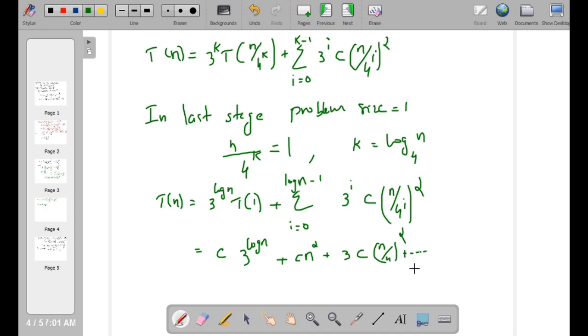Okay, that is the last term, and here we can see the term cn square. It is the biggest term. Okay, so we can write it is big O n square. The complexity will be big O n square.